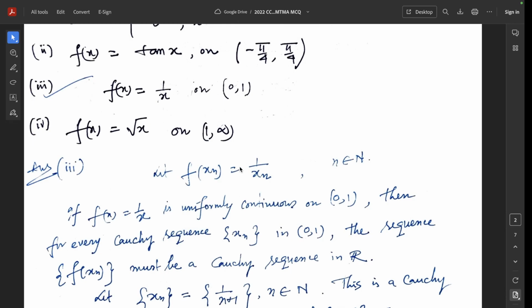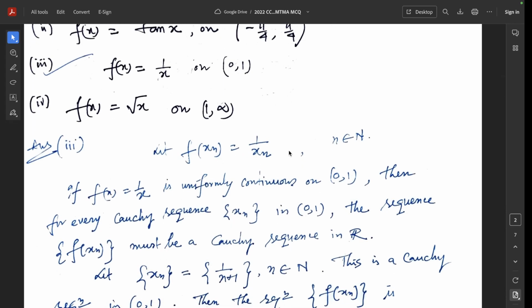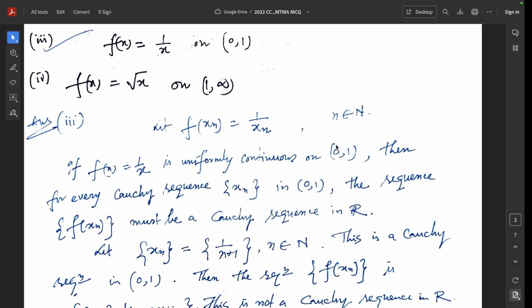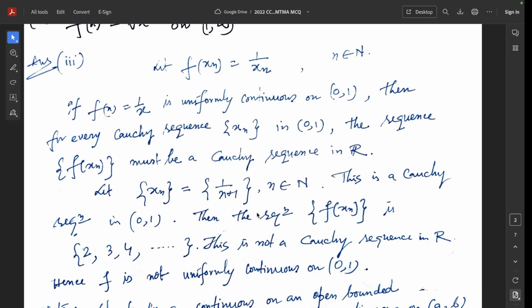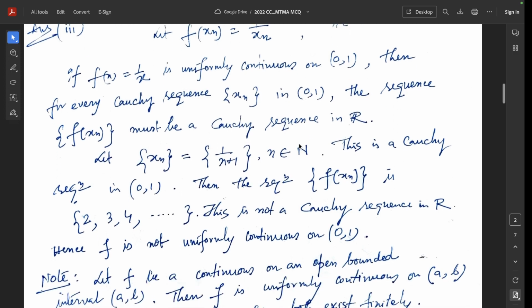Because if f(x) equal to 1 by x is uniformly continuous on the open interval (0, 1), then for every Cauchy sequence x_n in this open interval, the sequence f(x_n) must be a Cauchy sequence in the set of real numbers R. Let the sequence x_n equal 1 by n plus 1, where n belongs to the set of natural numbers N, and this is a Cauchy sequence in the open interval (0, 1).